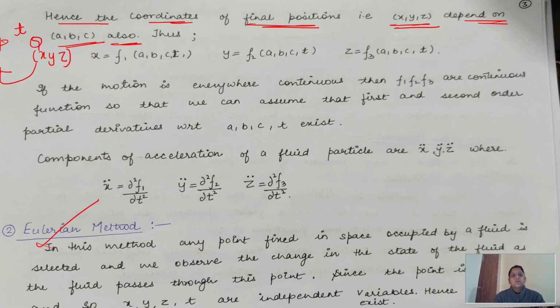So we can write the final position: x is a function of a, b, c and time t. Similarly, y is a function of a, b, c, t, and z is a function of a, b, c, t.